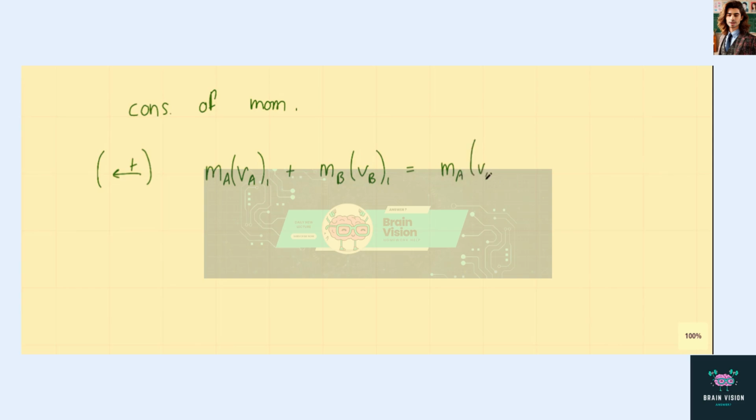That's mA vA2 plus mB vB2. So let's put in our values here.